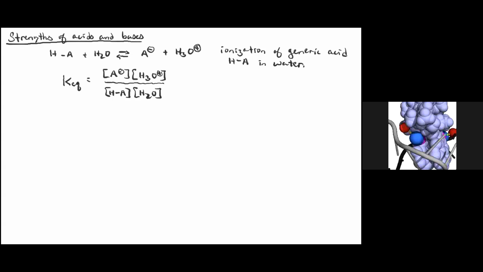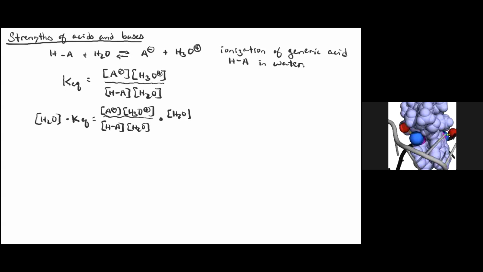So we basically have H2O times Keq equals A minus H3O plus over HA H2O, and then times H2O.